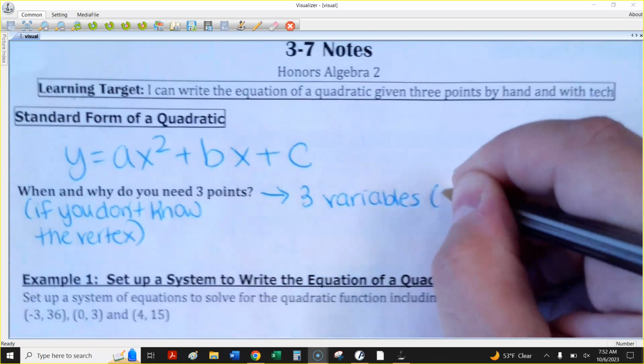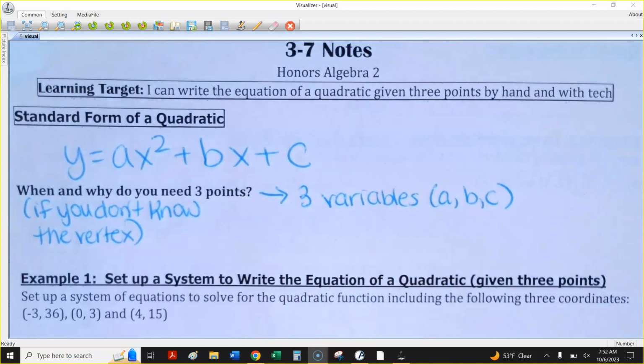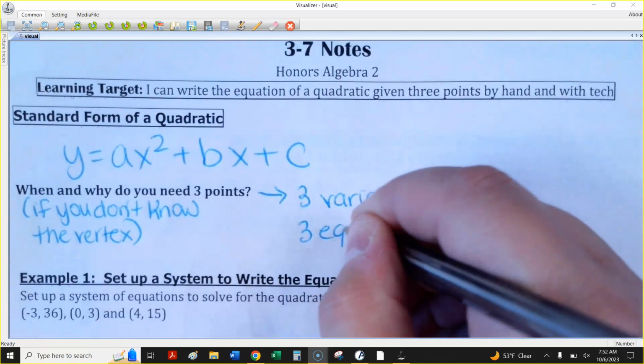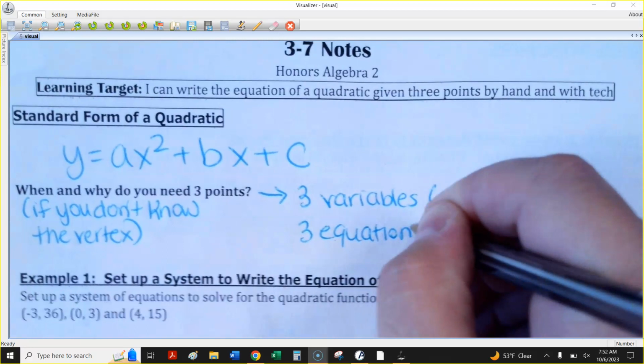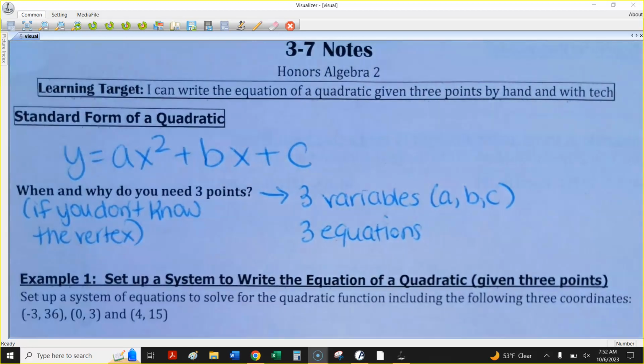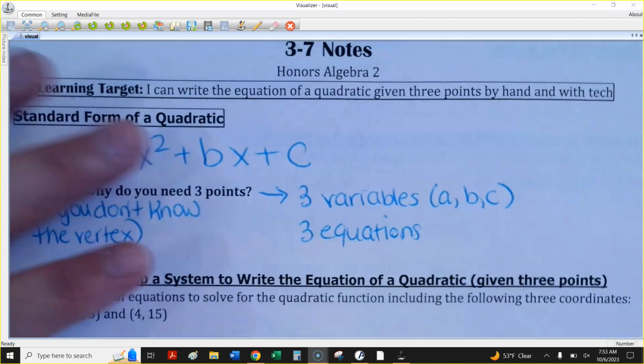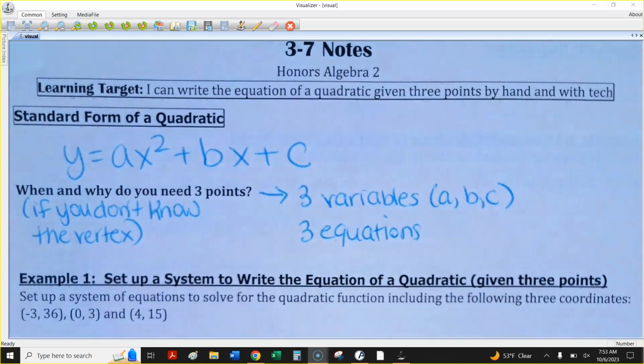In that standard form, I'm talking about A, B, and C. So you have 3 variables, and you're going to need 3 equations if you have 3 different variables. Like if we had systems, if you remember our last unit, we had 2 variables, you'd have to have 2 equations. 3 variables, you'd have to have 3 equations to solve it. So I'm going to have 3 variables here, so I need 3 equations. You're going to use the 3 points to create those 3 equations.